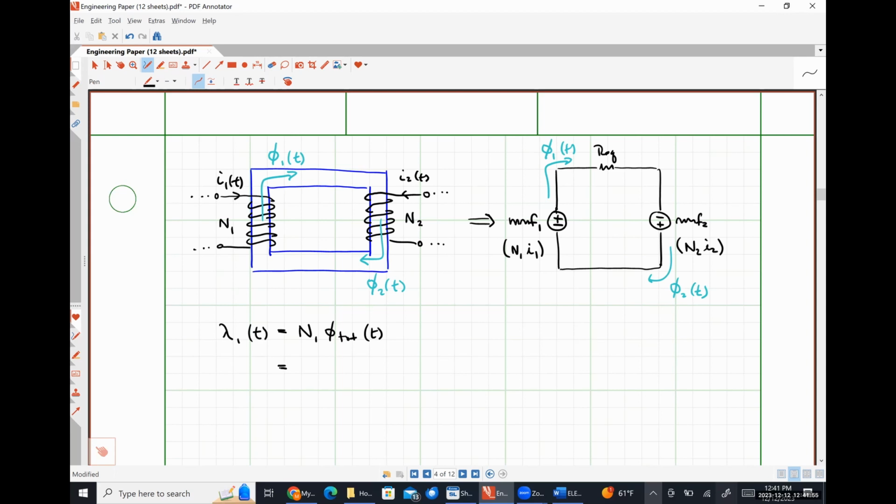In our case, where our coils are wound in effectively opposite directions, this is going to look like N1 times the flux generated by coil 1 plus the magnetic flux generated by coil 2.